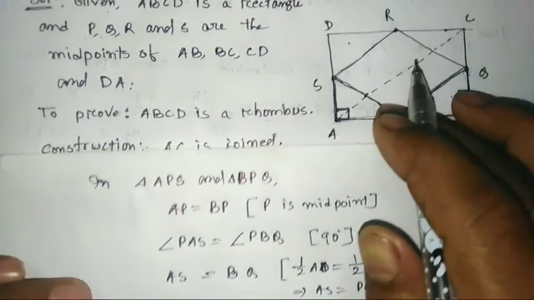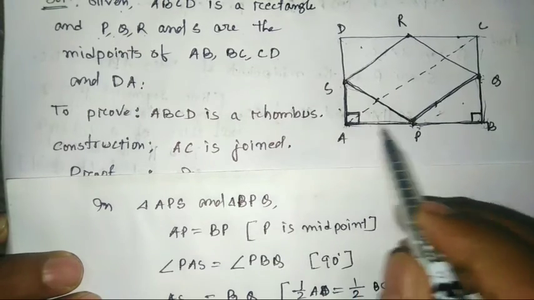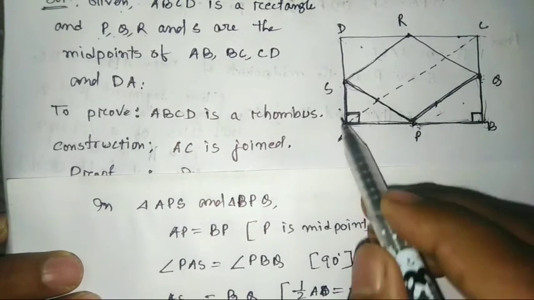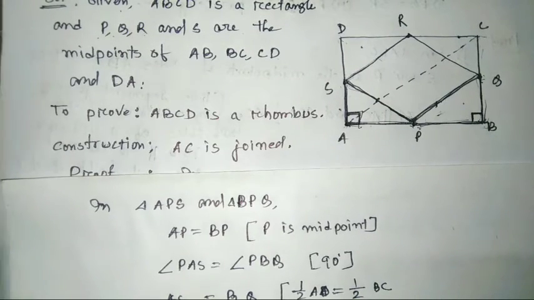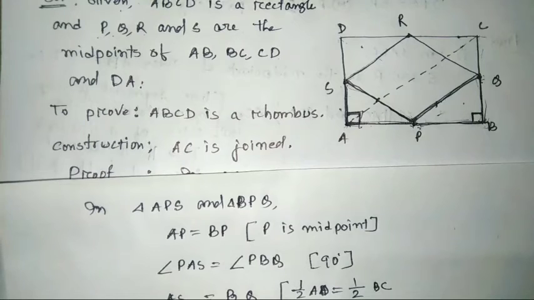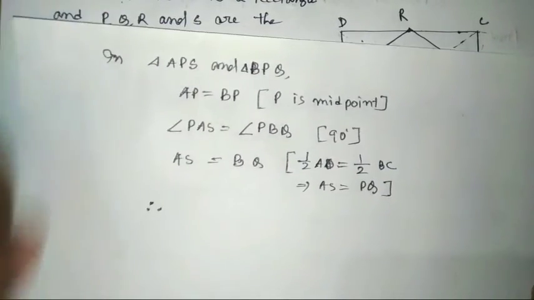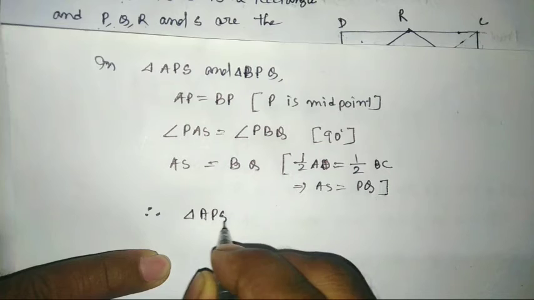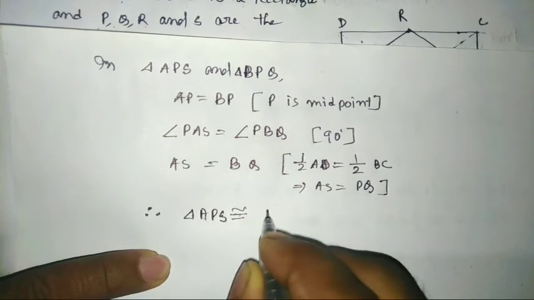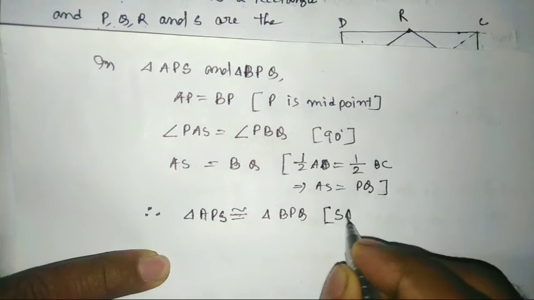So now see, according to the side angle side criteria, this side and this angle are equal. So by the SAS criteria, you can say that these two triangles become congruent. Therefore you can write triangle APS is congruent to triangle BPQ by the criteria SAS.